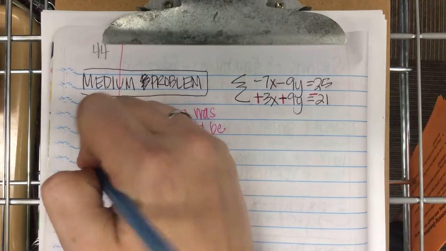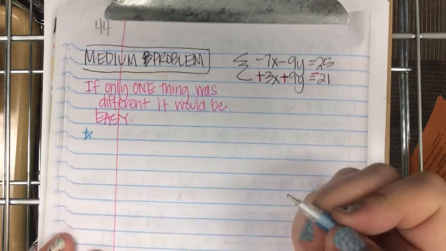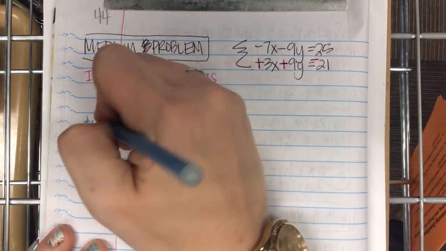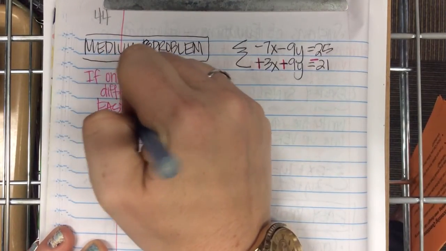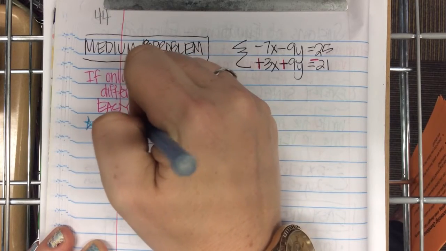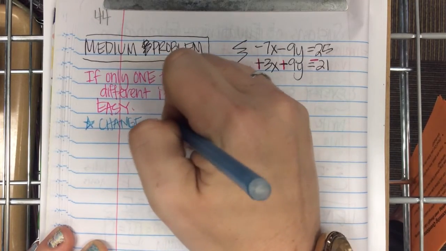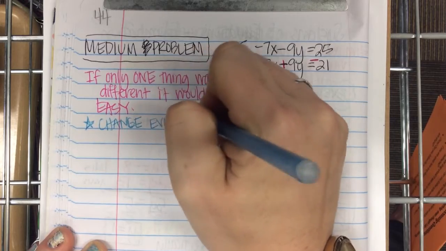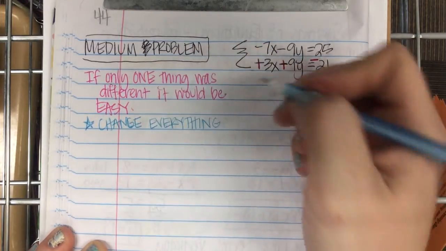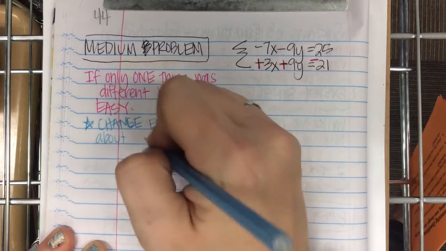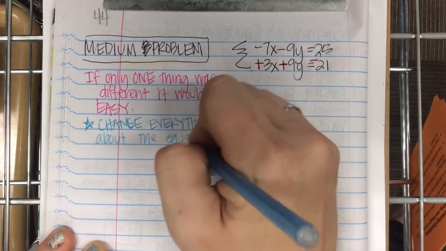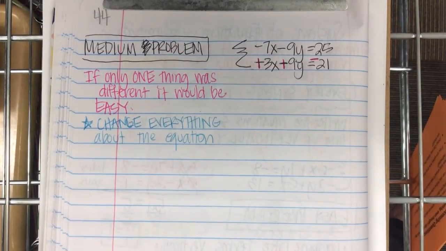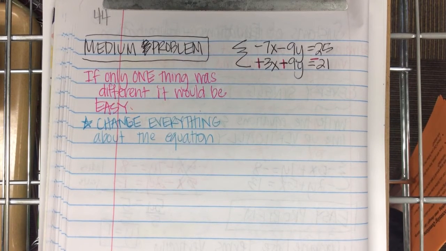So you have the right to change it, but you have to change everything about the equation. If it's positive, change it to negative. If it's negative, change it to positive. You have to do it to all three values. And if you do it to all three values, then you're fine. You're good to go.